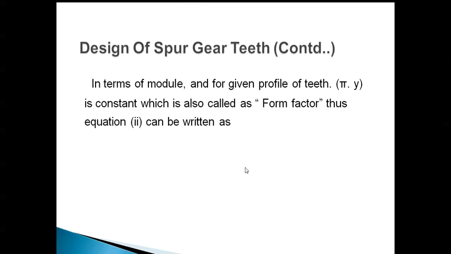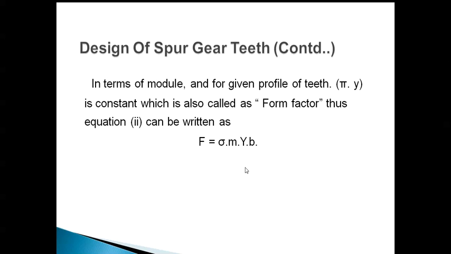In terms of module and for a given profile of teeth, pi into y is constant, also called the form factor. Thus the equation 2 can be written as F equals sigma into m into capital Y into B. So here PC can be written as pi into m, because P equals pi into d by t, and d by t is nothing but module.